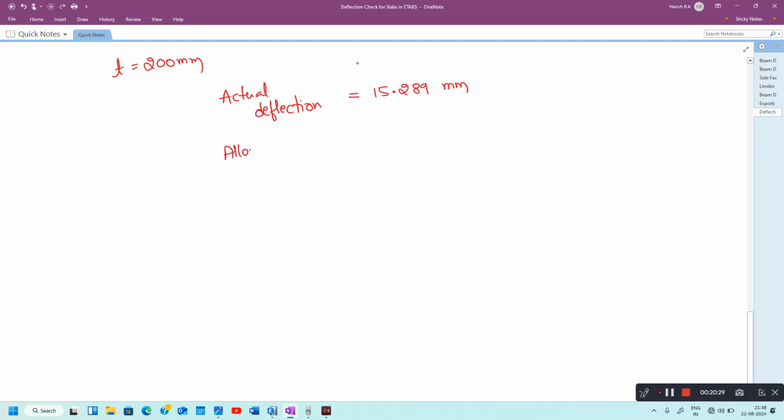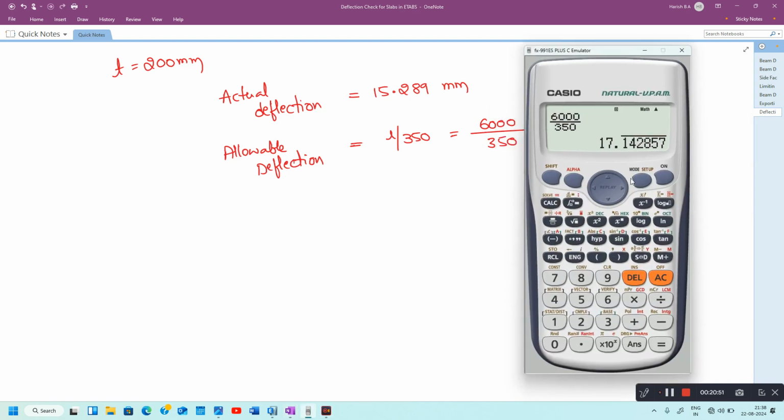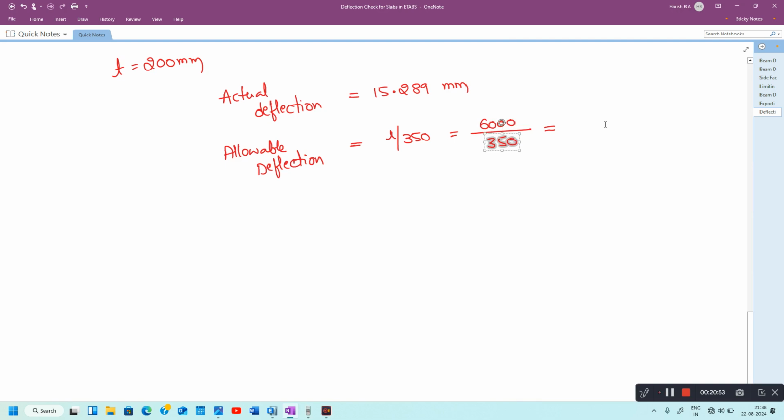Your allowable deflection is the same, span by 350. So your span is the shorter span, 6000 divided by 350. So it is 17.14.